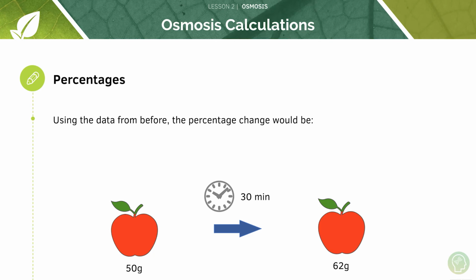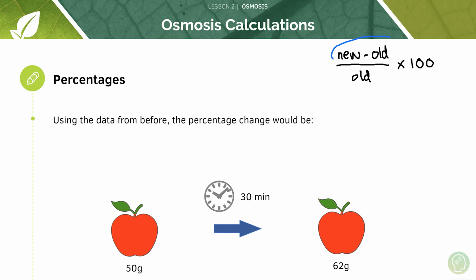So to calculate the percentage change, this is my little equation for remembering it: the new value minus the old value, over the old value, multiplied by 100. This part here is your change in value, and your old mass is the comparison of that change in value, okay, and then you multiply it by 100 to get your percentage.